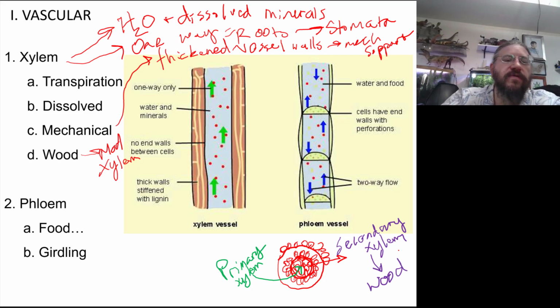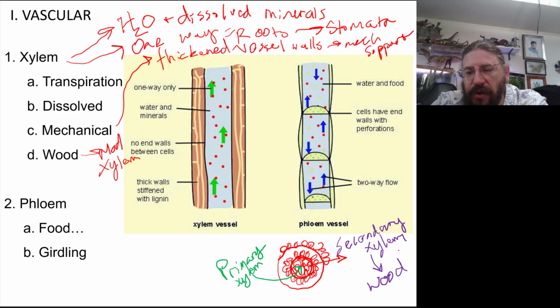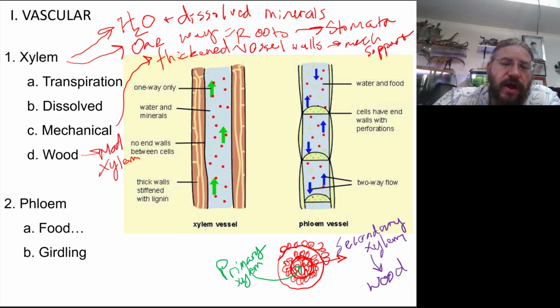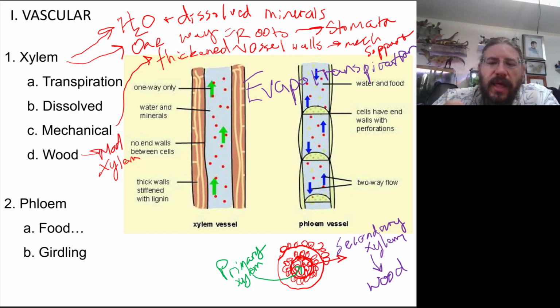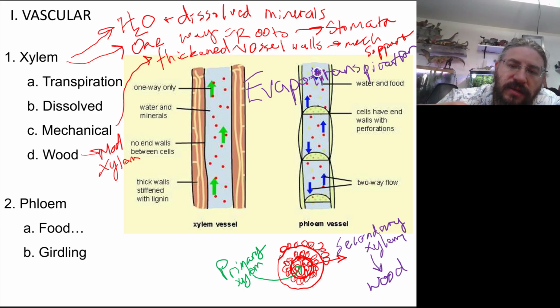Transpiration is the one thing I skipped over. So transpiration is water loss. Transpiration refers in general to the diffusion of water from roots to stomata, our one-way transport. And it's often part of a greater term called evapotranspiration. Evapotranspiration is the general term for the water cycle in a plant.